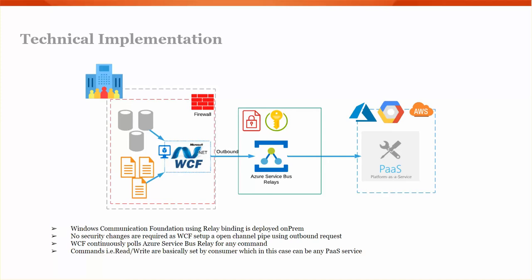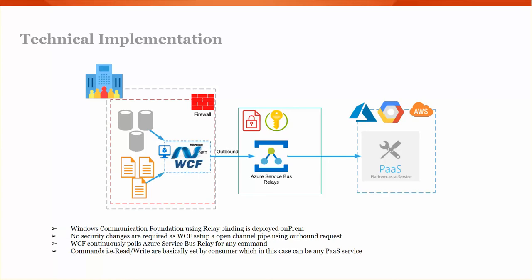Now, the important question is, because it's using the HTTP channel and communication, how exactly is it more beneficial? The beauty of this is that when you deploy a WCF service inside your enterprise network and make the connection with the Azure Service Bus Relay, you do not need to open any inbound channels. In this example, the PaaS service requests the service bus relay, which sends a message, and the service bus relay then provides the message to WCF.